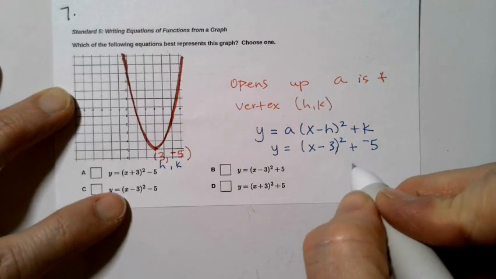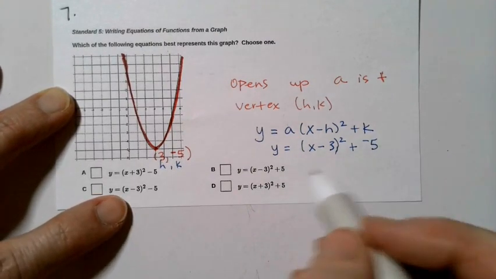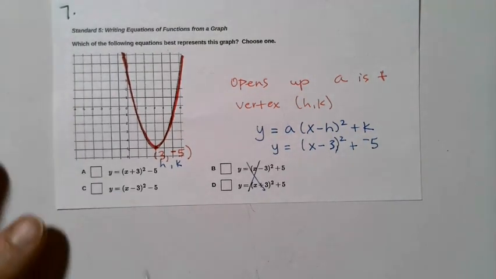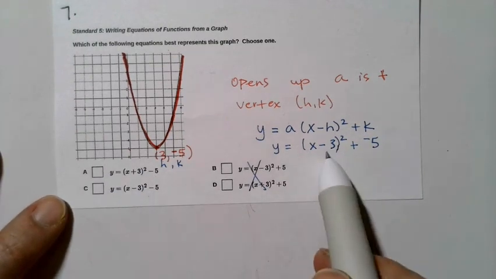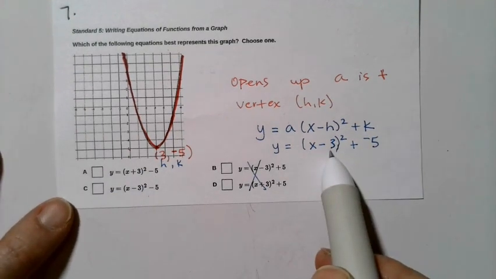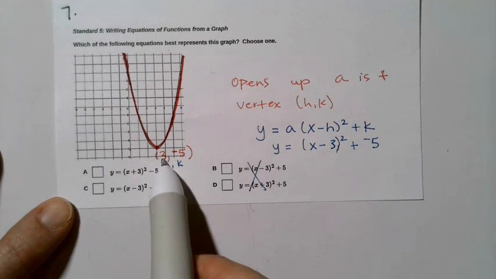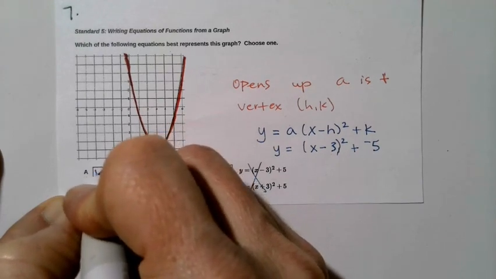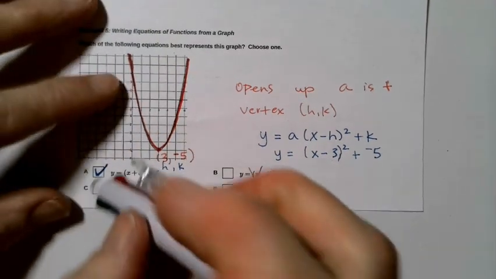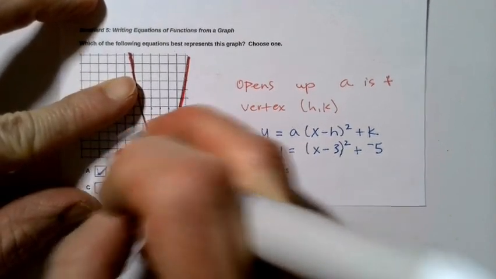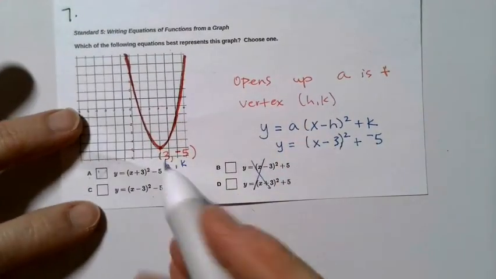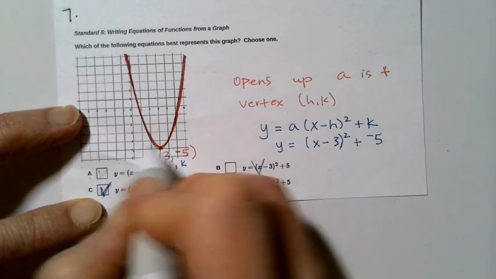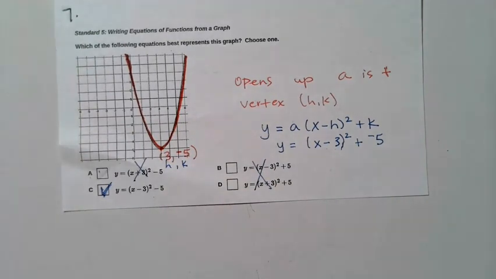Adding a −5 is the same thing as subtracting 5, so I have this negative here. These are both positive, so I can rule out those choices. Now I'm looking at these two, and it's x minus 3 when I use a positive 3 from my vertex. B is our winner because it has the minus here. Because this is an addition, it is not our choice.